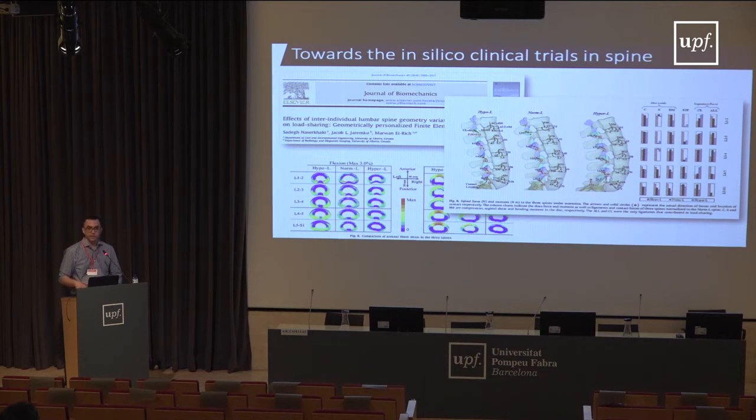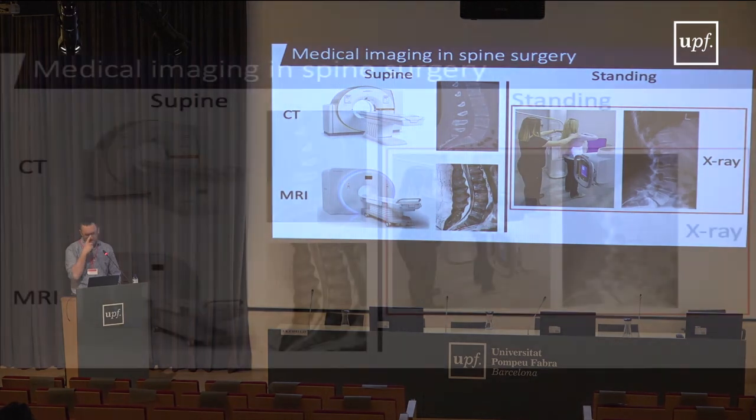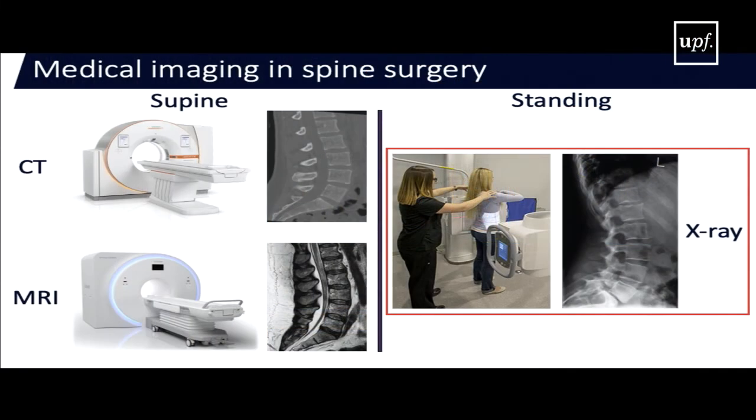So it's important. And the problem is that the detailed imaging methods that we use for modeling purposes are done in supine position. CT, MR, the patient is lying. But everyday loading is in standing position. And only the X-ray, there is a standing MRI, but absolutely not widely used. So X-ray is in standing position.